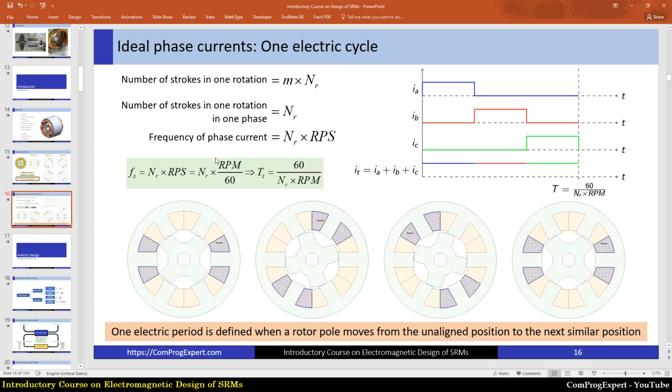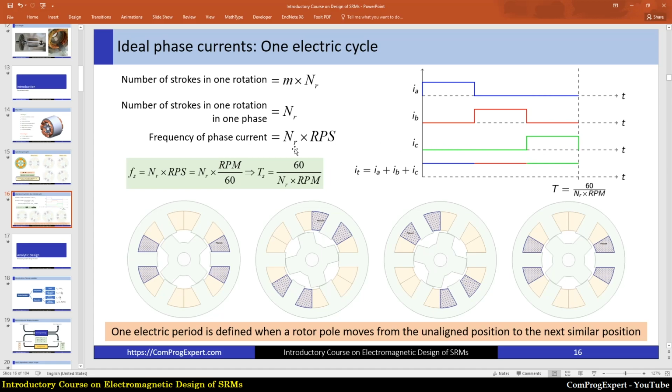So what is the frequency of the phase current? The frequency of the phase current is NR times RPS, revolutions per second, right? So Fs is the frequency of the phase current. The currents of the phase A, B, and C have the same electric period.